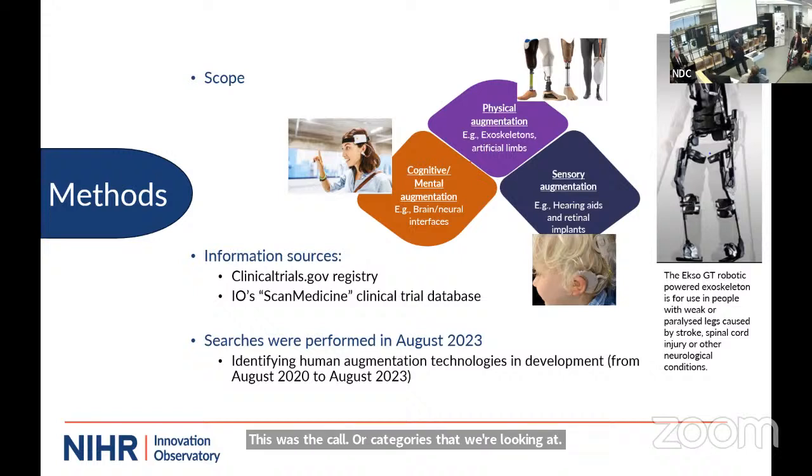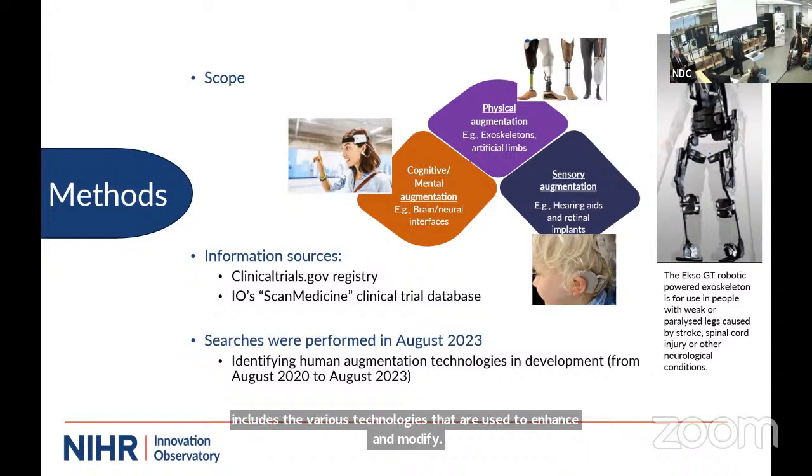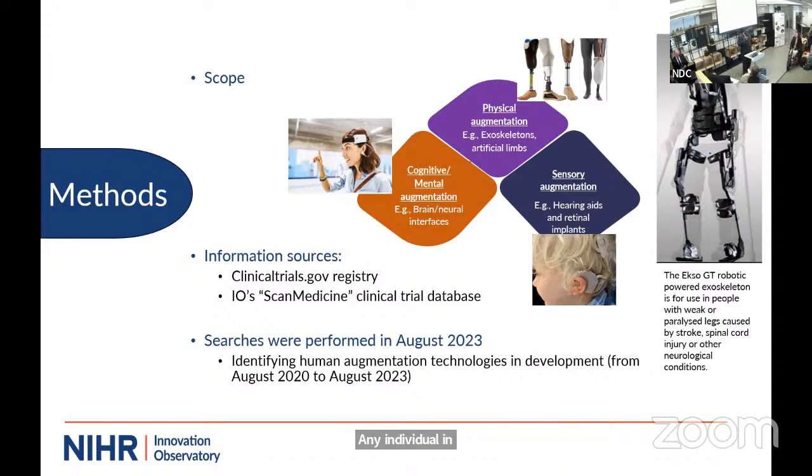When it comes to physical augmentation, this includes various technologies that are used to enhance and modify an individual's bodily capabilities, and these technologies can help people with disabilities to live more independently, as well as improve the quality of life. Examples of these physical augmentation technologies include exoskeletons, prosthetics, and artificial limbs.